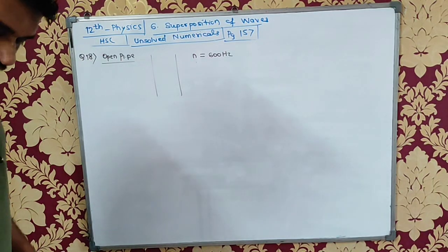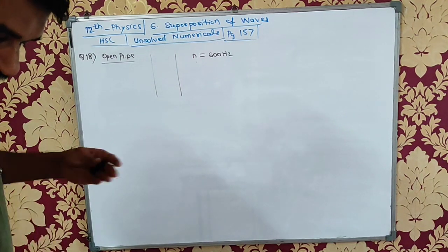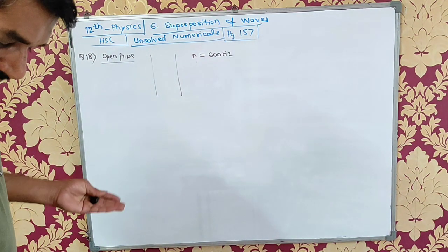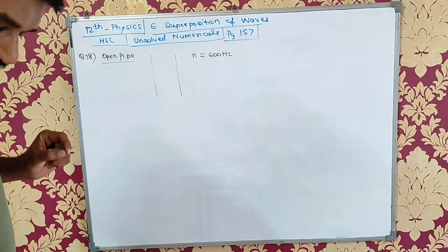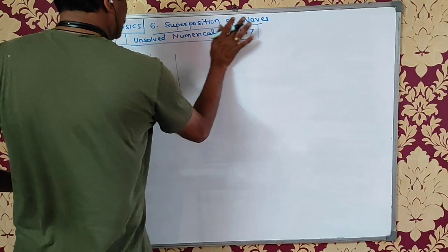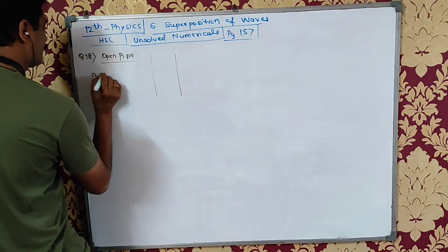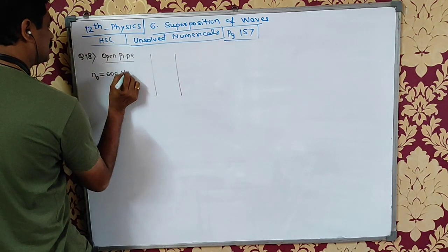The first overtone of the pipe closed at one end has the same frequency. The first overtone of the pipe, this will be about the open pipe. I'll call this n0, 600 hertz.